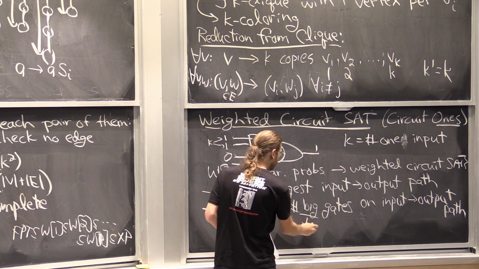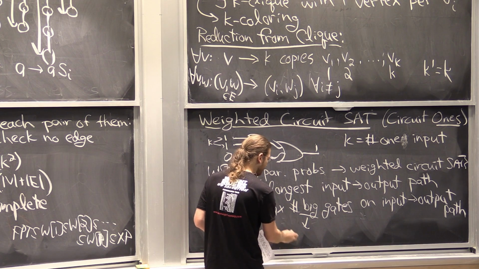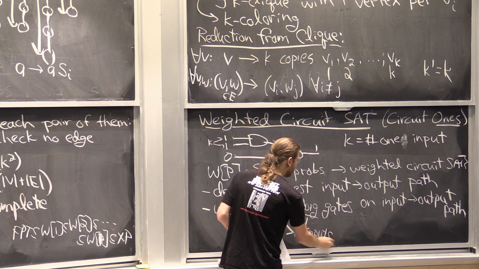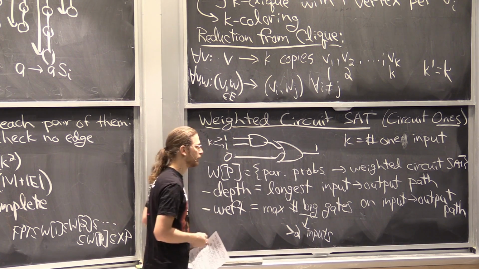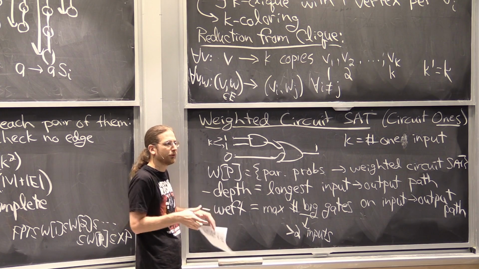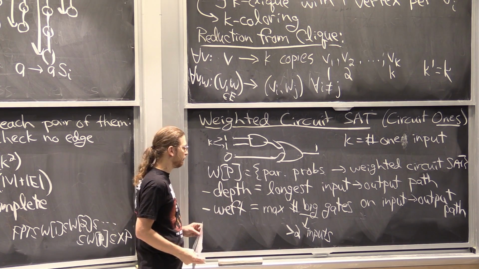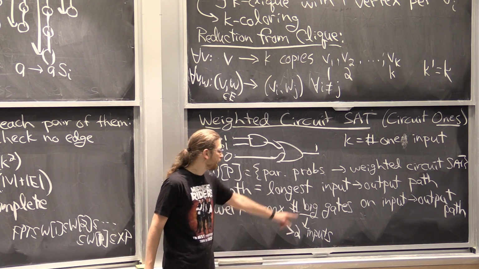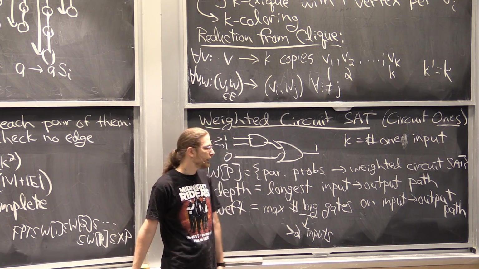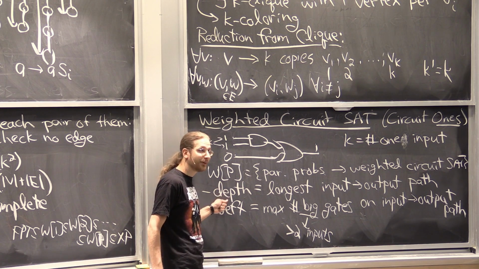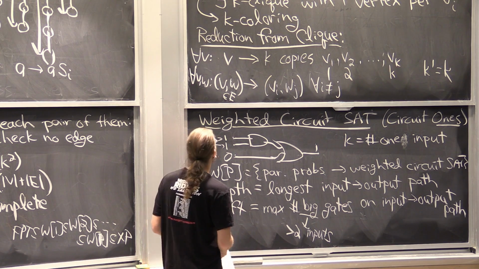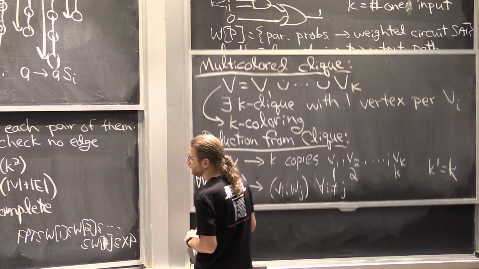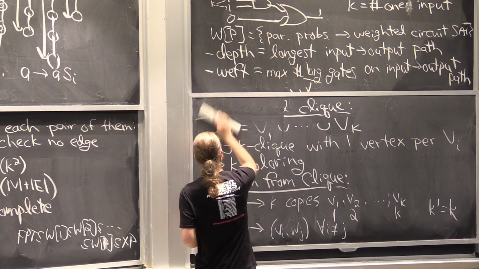Big gates means, let's say, more than 2 inputs. In general, it's more than some constant number of inputs, but 2 is fine, because if you use a bunch of 2 input gates, you can build a 10 input gate. But there's a distinction between constant input gates and super constant input gates. So if you count how many super constant input gates you need in a constant depth circuit, then we get the W classes, W for weft.